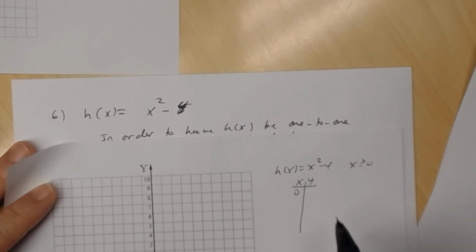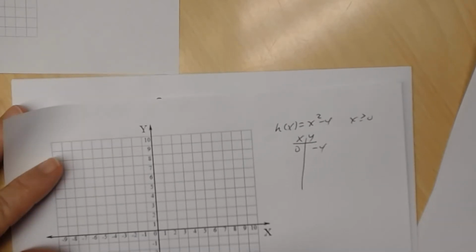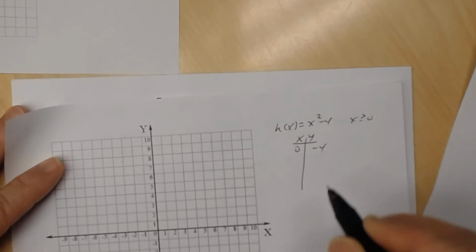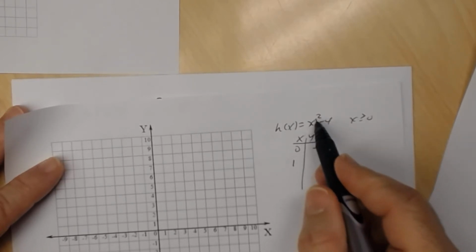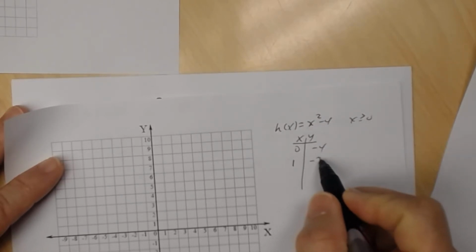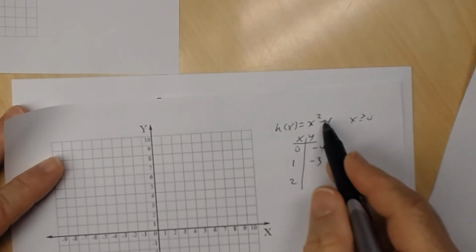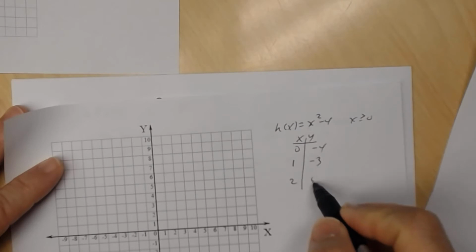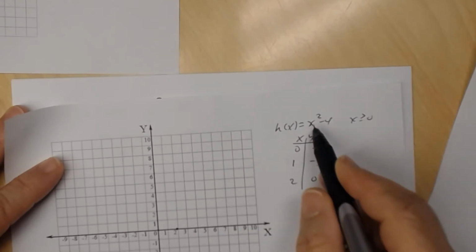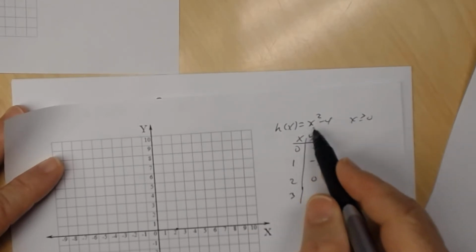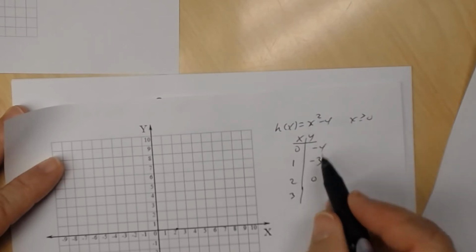So if x is 0, I get 0 squared is 0, minus 4 is negative 4. So I get 0, negative 4. If x is 1, I get 1 squared, which is 1, minus 4 is negative 3. So 1, negative 3. If x is 2, I get 2 squared is 4, 4 minus 4 is 0. So 2, 0. If x is 3, I get 3 squared is 9, 9 minus 4 is 5.